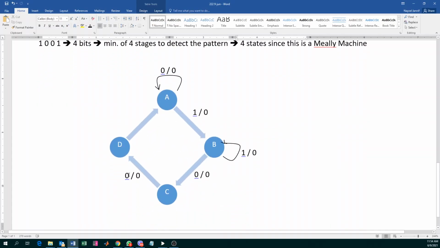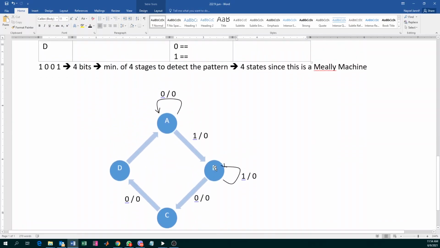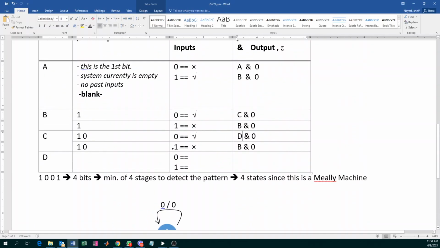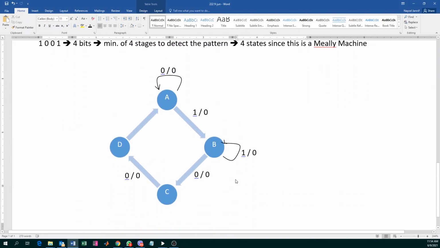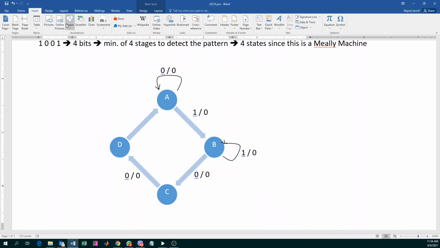There we go. So that's how I've put that there. And what happens when you receive a 1 in C? You go to B. So let's just draw a line over here.